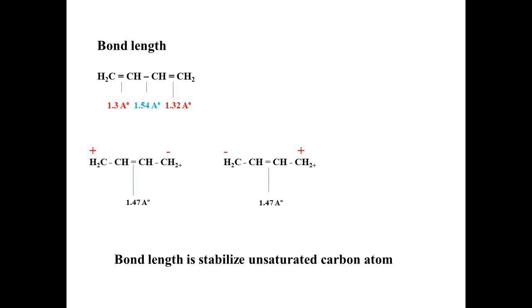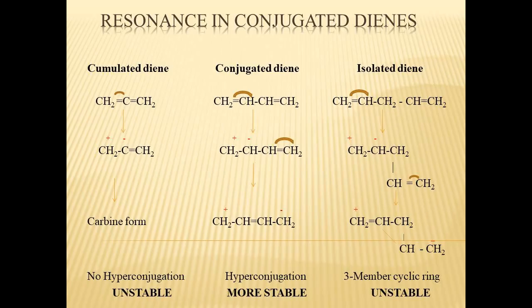The bond goes to the other carbon atom. So in an unsaturated carbon atom the bond length is 1.47 Angstroms, in the right-hand direction and also the left-hand direction. So the bond length stabilizes the unsaturated carbon atom.